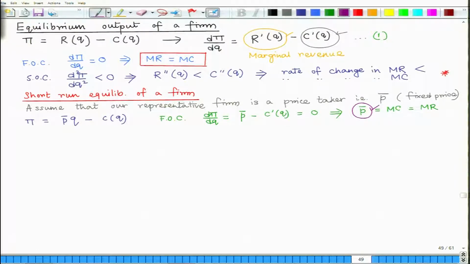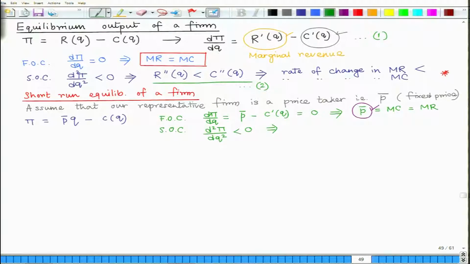Now let us look at the second order condition. For the second order condition we have to have d square pi dq square negative. What does that mean? Please note this second order condition that we have derived, let me call this 2.